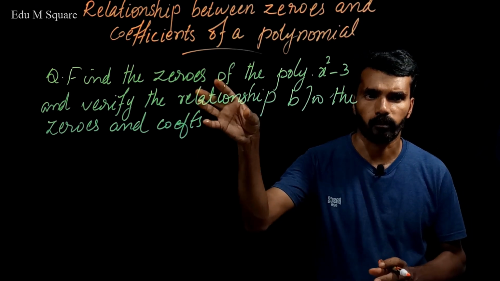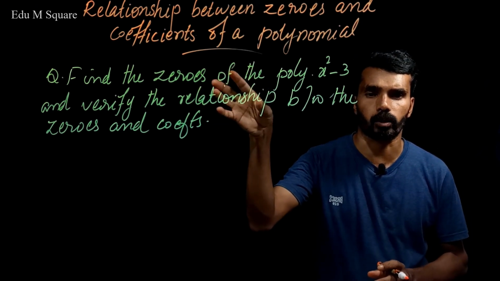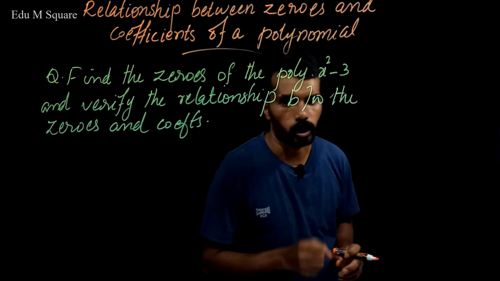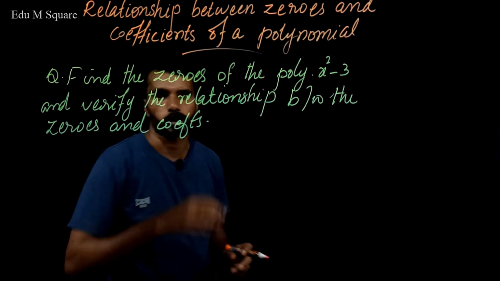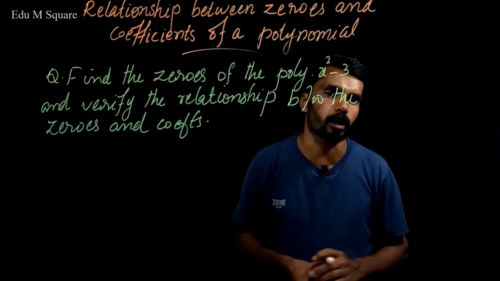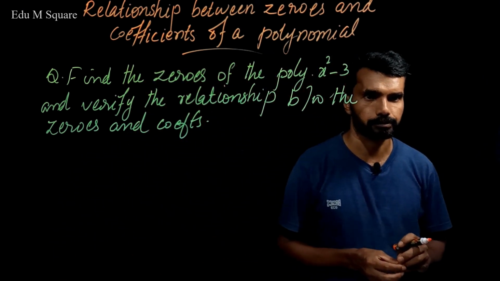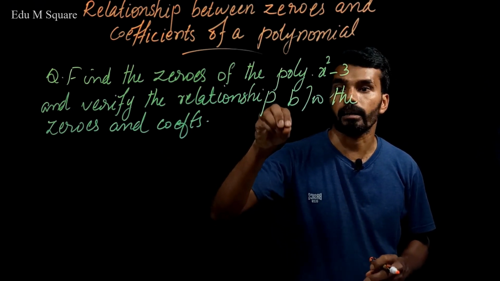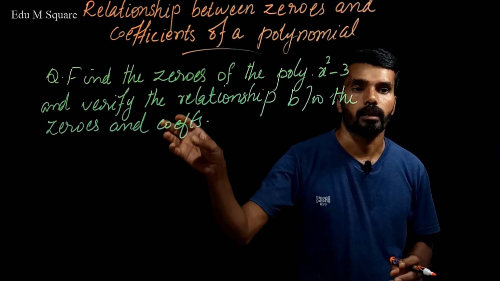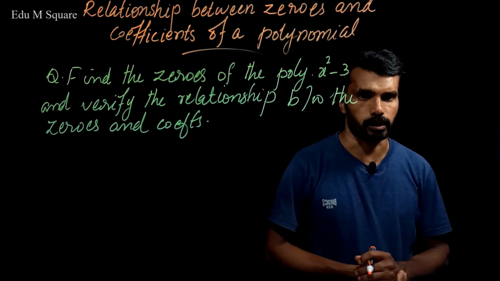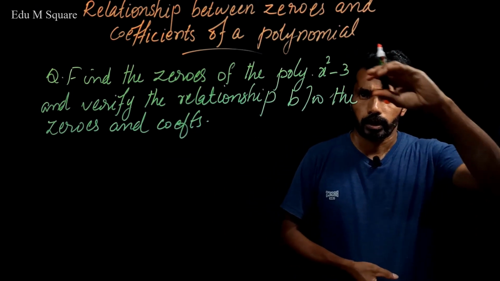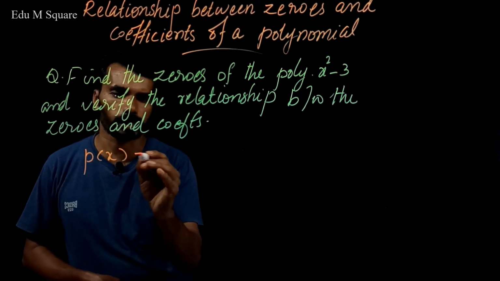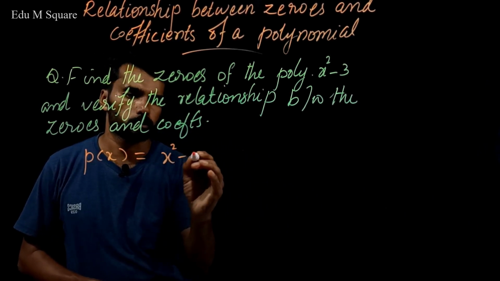So in the first part of the question, we have to find out the zeros of this quadratic polynomial x square minus 3. Then the second part, verify the relationship between the coefficients and the zeros. So here the given polynomial p of x is equal to x square minus 3.